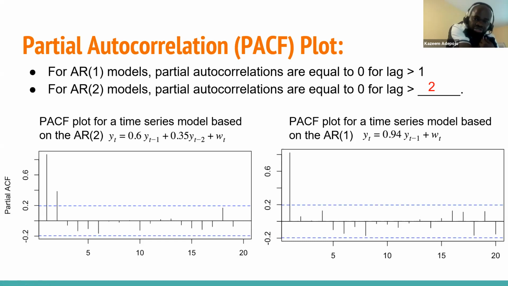If I want to generalize that, for an autoregressive model of order P, for any lag greater than P, the partial autocorrelation will be equal to 0.